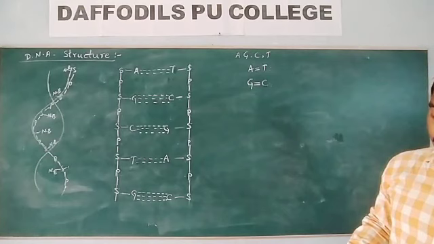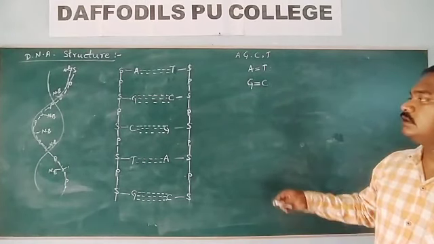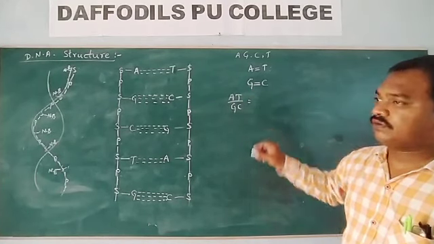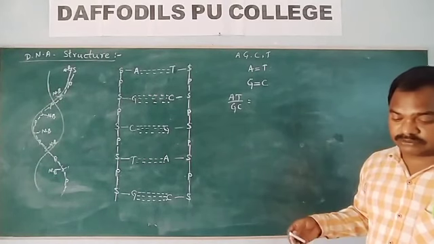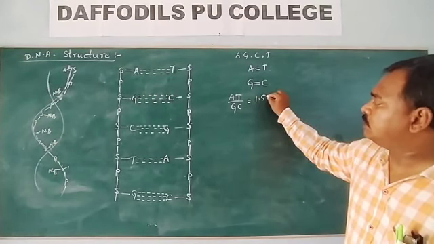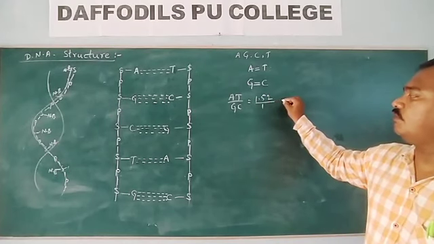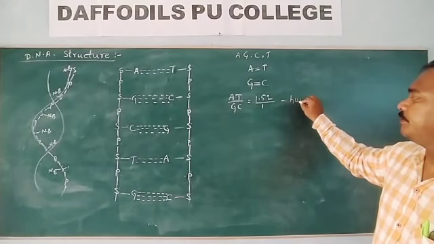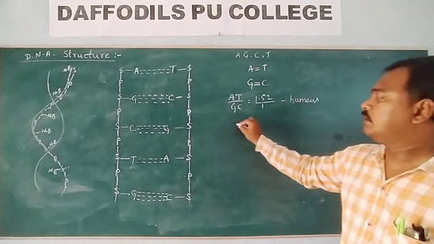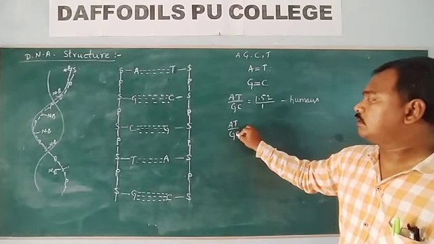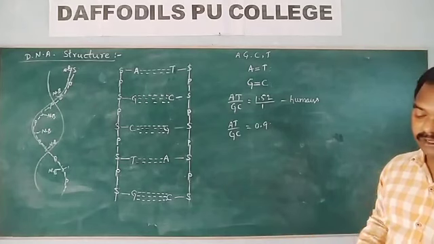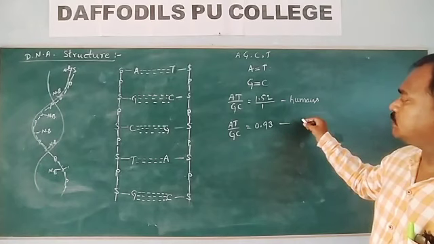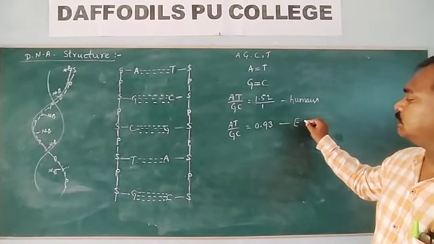But the AT by GC ratio differs from animal to animal. The AT by GC ratio in humans is 1.52. In the case of E. coli bacteria, this AT by GC ratio is 0.93.